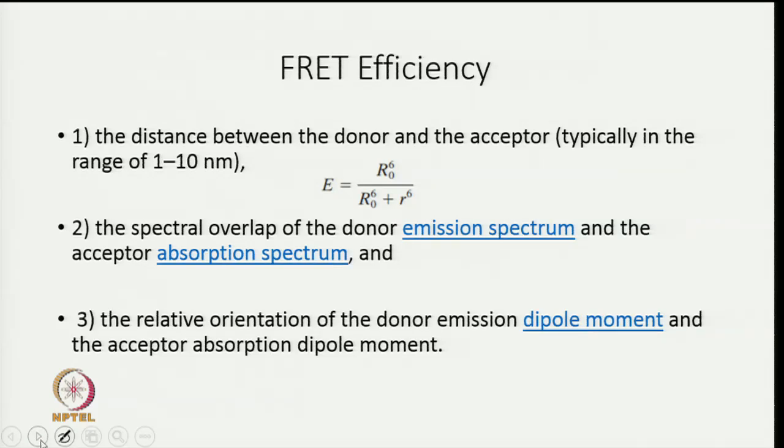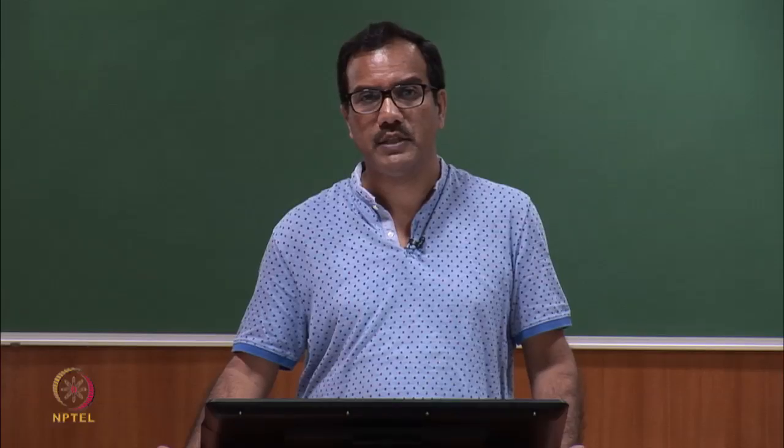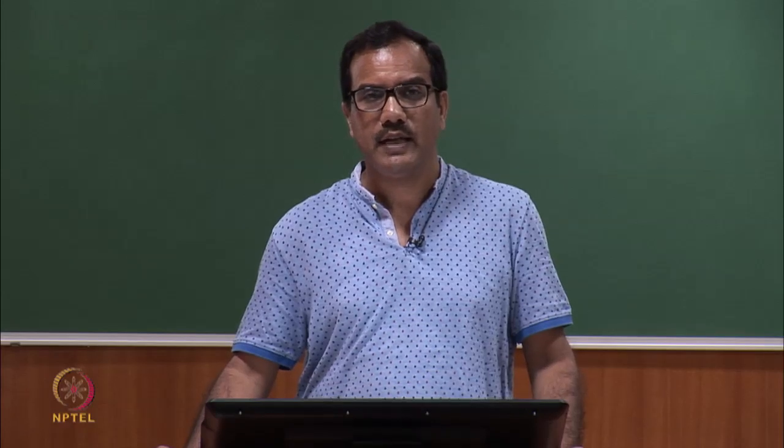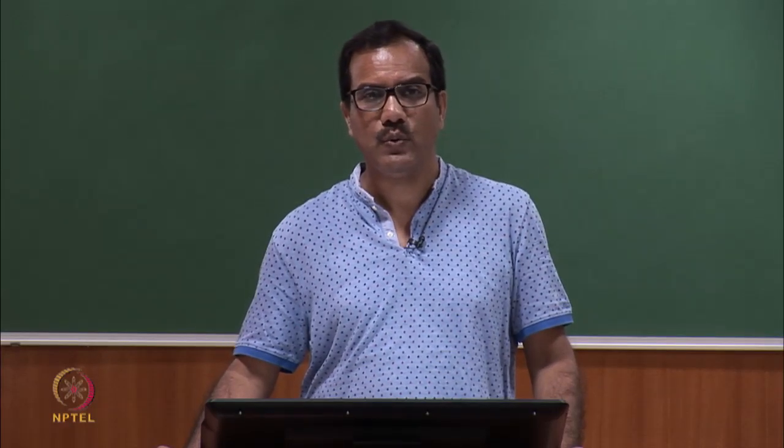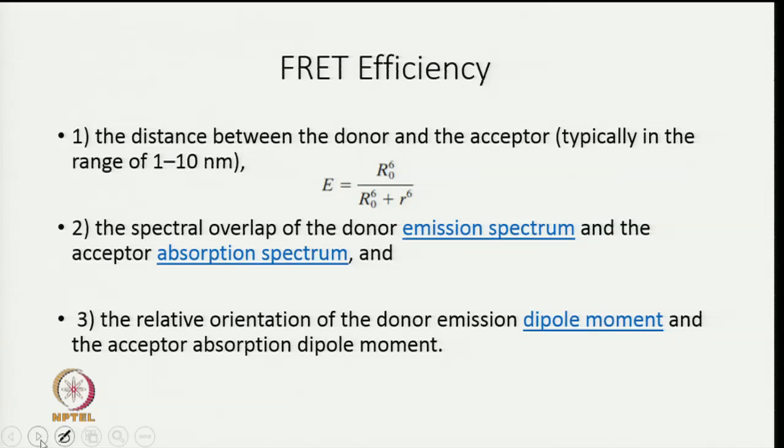One very important aspect of FRET is that we can know the distance between donor and acceptor if the distance is in the range of 1 to 10 nanometers.